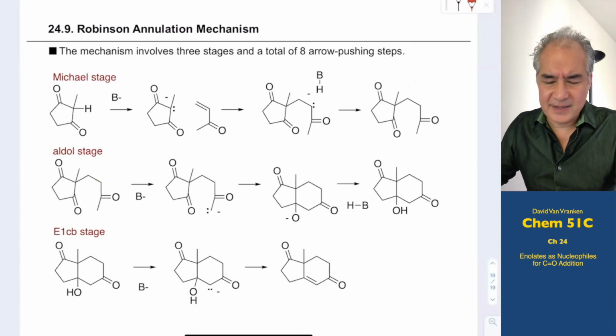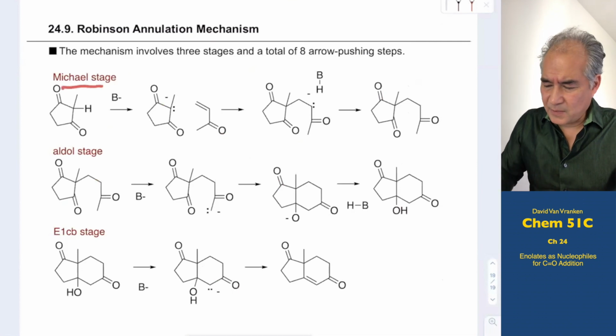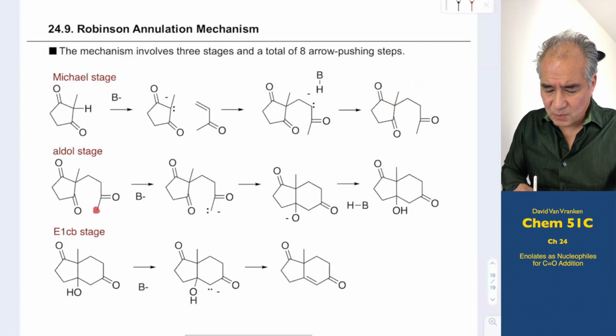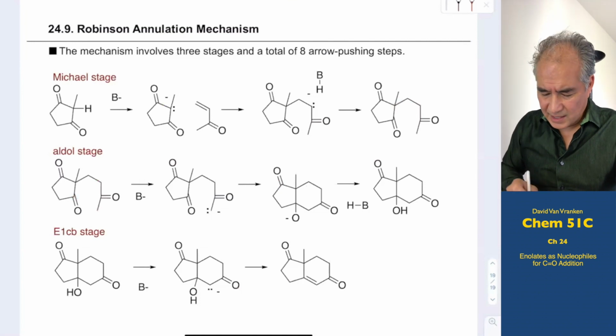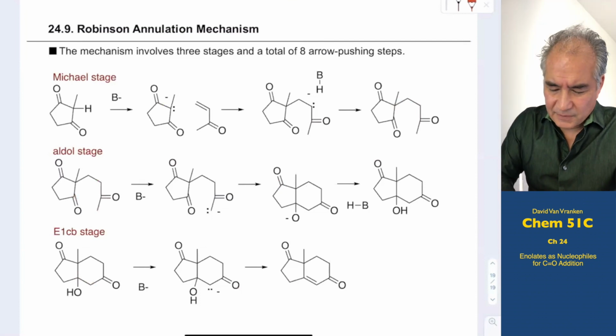The first stage is the Michael addition reaction, where you form this bond over here. The second stage is an aldol addition, where we form a bond between here. And then the last stage is where you do an elimination. So let's walk mechanistically through those various stages of the reaction.